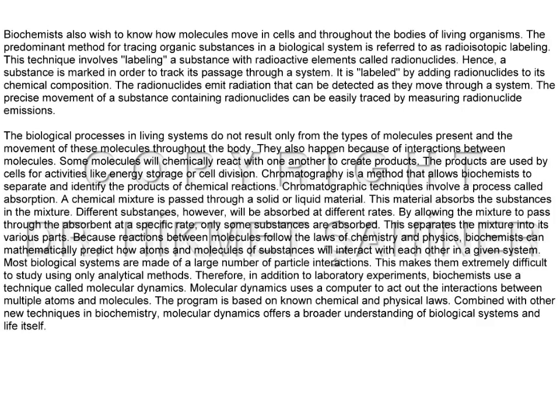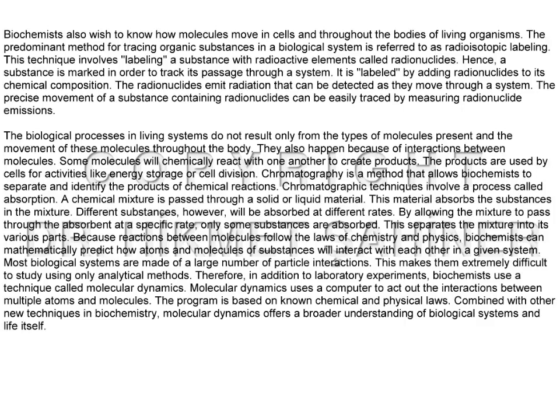Hence, a substance is marked in order to track its passage through a system. It is labeled by adding radionuclides to its chemical composition. The radionuclides emit radiation that can be detected as they move through a system. The precise movement of a substance containing radionuclides can be easily traced by measuring radionuclide emissions.